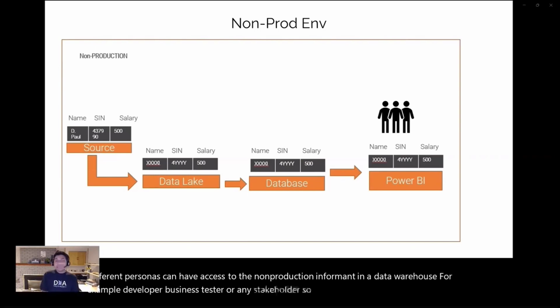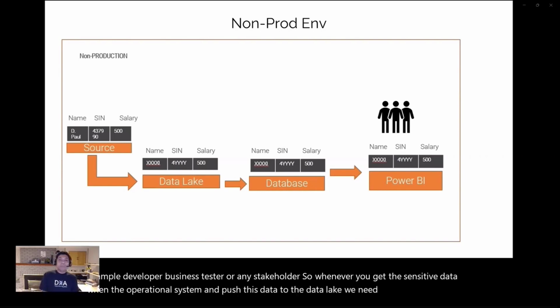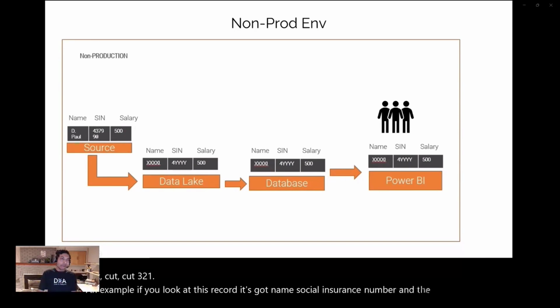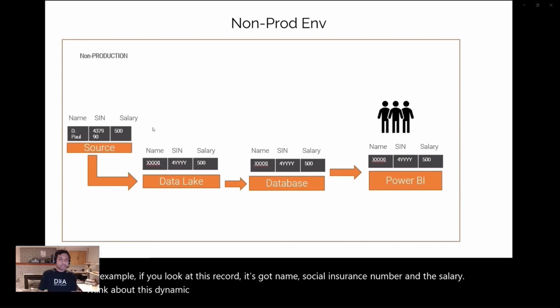So whenever you get sensitive data from an operational system and push this data to the data lake, we need to scramble it. As an example, if you look at this record, it has name, social insurance number, and salary. Think about this data coming from your HR system.